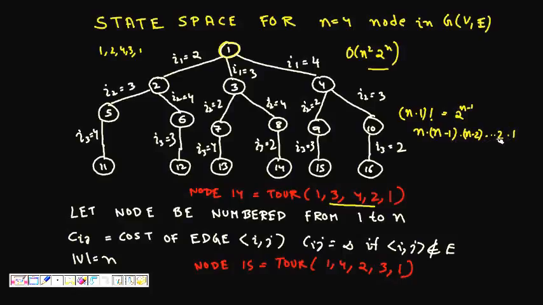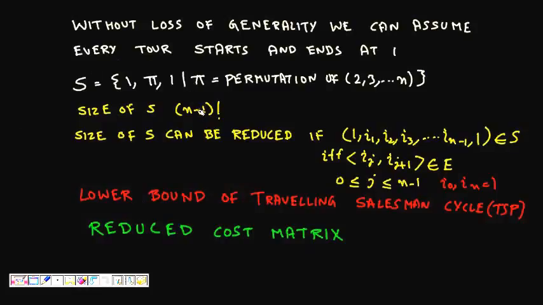So this (n-1) factorial is of course greater than 2 to the power of n-1. And then when we have got a sequence, you have to check it from the adjacency matrix. Moving forward, we say that we will only check all the valid permutations where each step belongs to an edge.